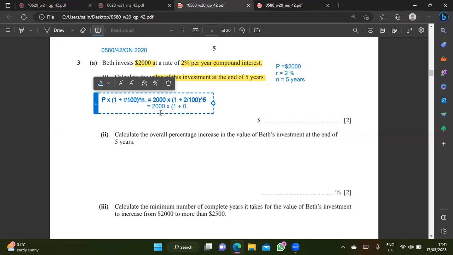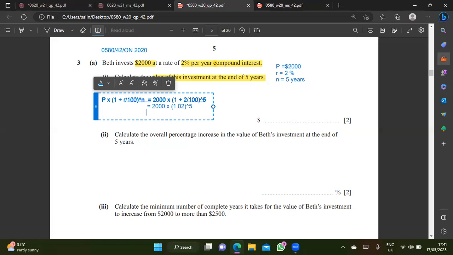I like to do it separately. And this to the power of 5. If you simplify 1 plus 0.02, that becomes 1.02. There you go. By doing this, we can easily put it inside our calculator.